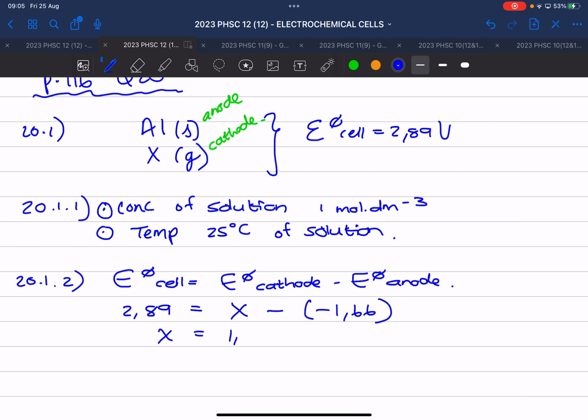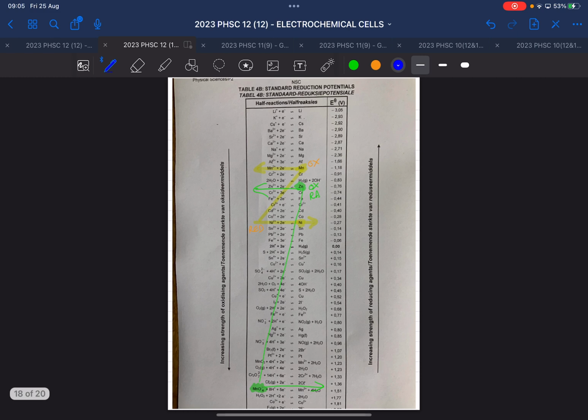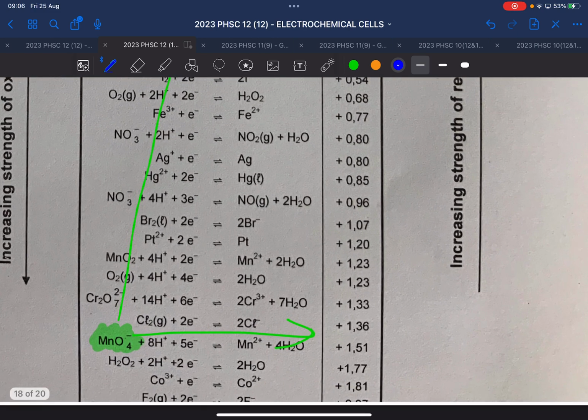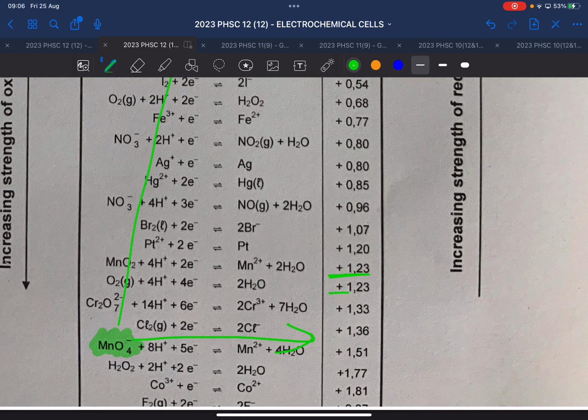Yes, Maritava. 1.23. And the unit? V for volts. Okay, but the question wasn't calculate. The question was, what gas is this? Now we have to go check 1.23. If you check that, there are two 1.23s. This one has manganese dioxide in it. Princess, is this a gas?